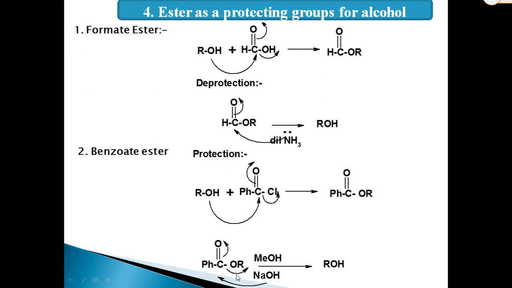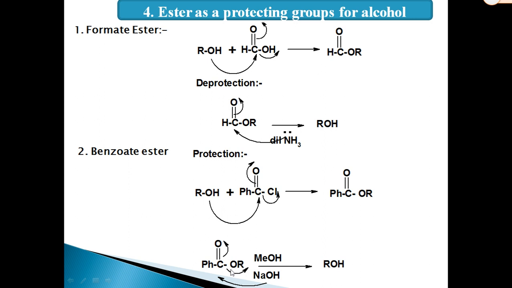Now this is the protection of alcohol hydroxy compound with benzoyl chloride to form the benzoate ester. The second step, deprotection, in presence of strong base sodium hydroxide and methyl alcohol: the hydroxy ion attacks the carbonyl carbon atom, the pi bond opens, forming O negative here.